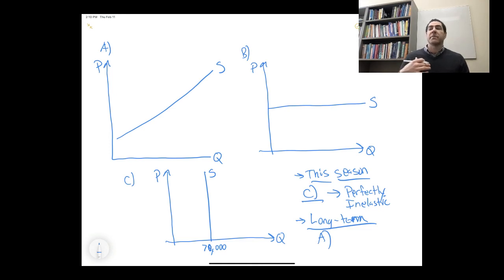So yes, Lambeau has a fixed quantity of seats available right now. But as the price of those seats increases that the Packers organization can sell them for, the supply is going to gradually increase, right? They're going to add capacity to the stadium, the more valuable those seats become. So we've got a basic supply curve. It's upward sloping. That's supply curve A.